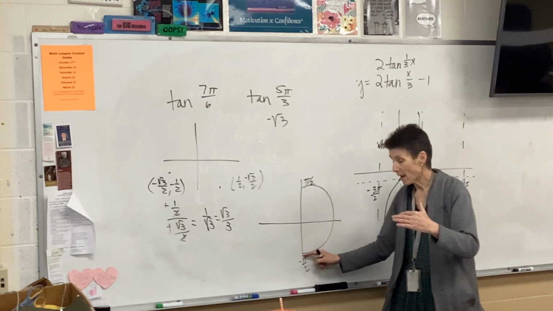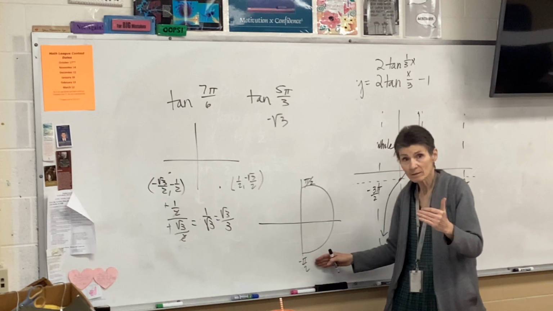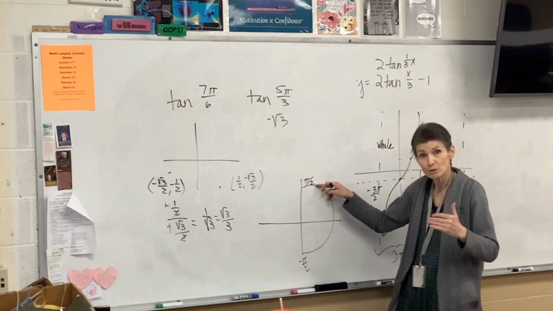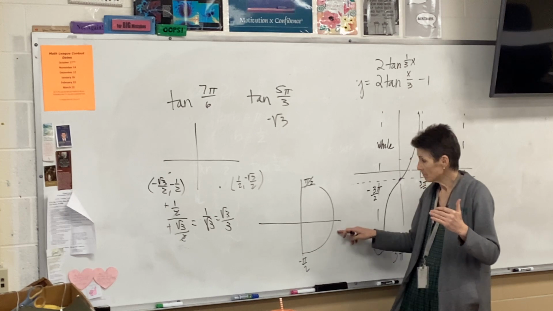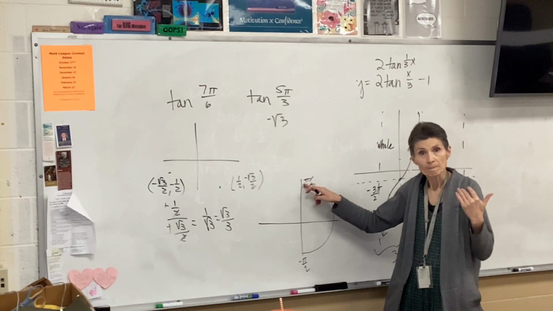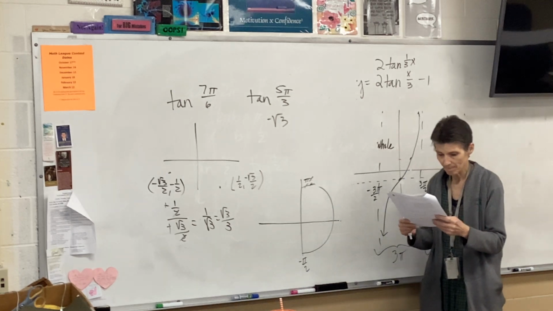So the slopes are actually like negative infinity down here. And then as we move toward pi over 2, they're going from negative infinity to positive infinity. That's why they're increasing.